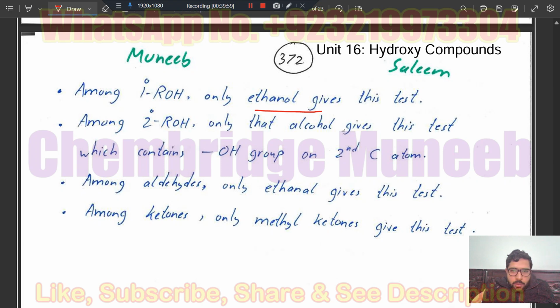Among the secondary alcohols, only those compounds can give it which have the OH group on the second carbon, so that the other carbon must have a methyl group. Among the aldehydes, only ethanal can give this test, and among ketones, only methyl ketones can give this test.